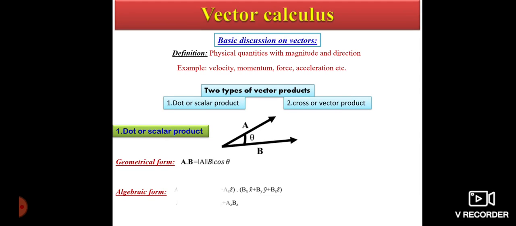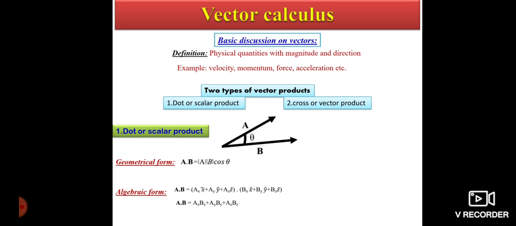Now the algebraical form. A vector dot B vector is written as (ax x cap plus ay y cap plus az z cap) dotted with (bx x cap plus by y cap plus bz z cap).